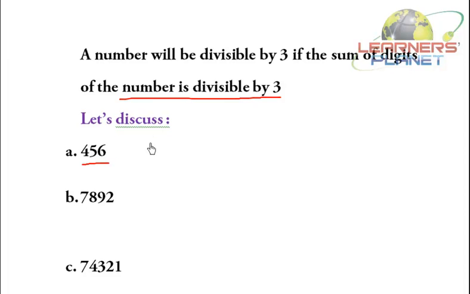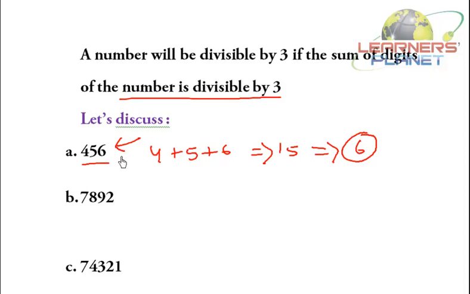So it's 4 plus 5 plus 6. What I get is 9 plus 6, 15, and one more time I add the digits, that is 1 plus 5, I get 6. So 6 is divisible by 3, hence the number 456 will be divisible by 3.